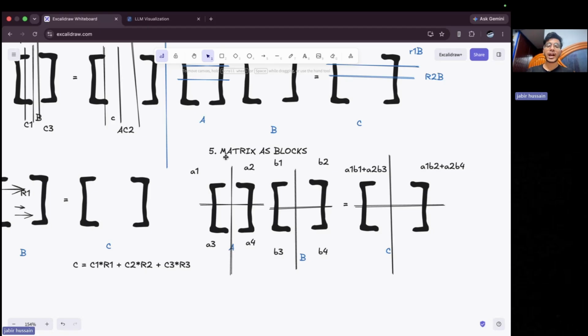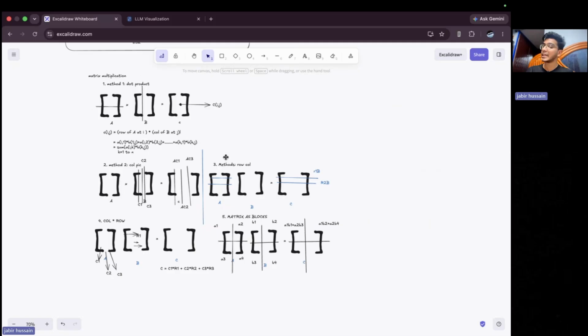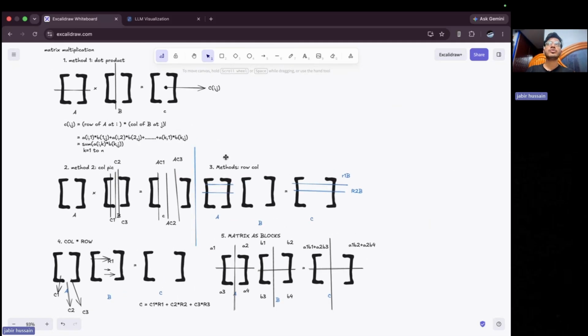These are the 5 different pictures of looking at a matrix. Very boring stuff, I know, but we have successfully completed how to see a matrix and what are the different ways of looking at matrix multiplication. Now, tell me which method do we use? We use this method and this method. That's it.